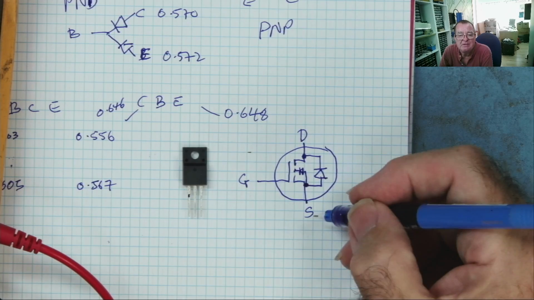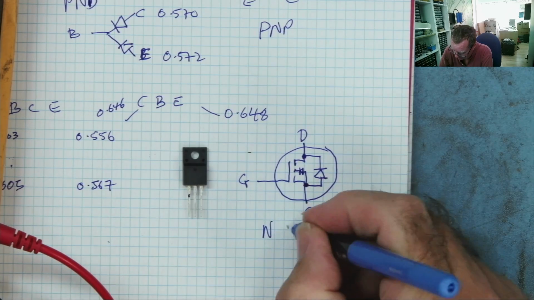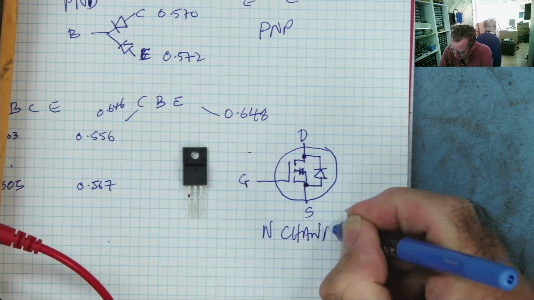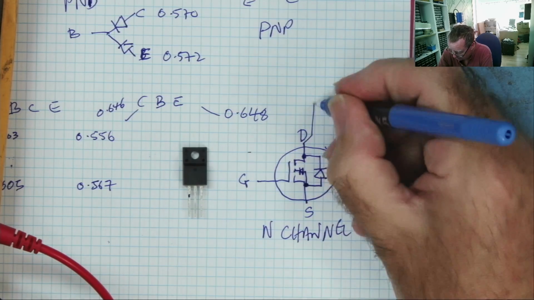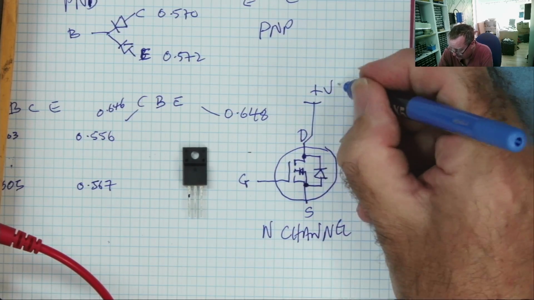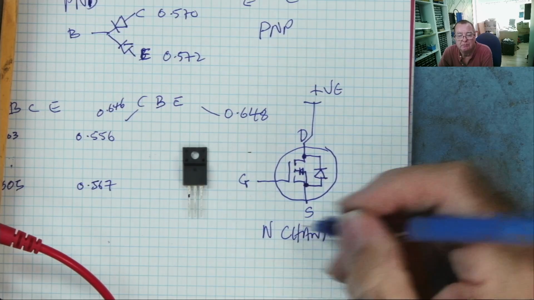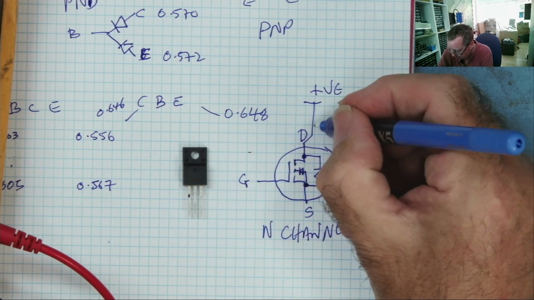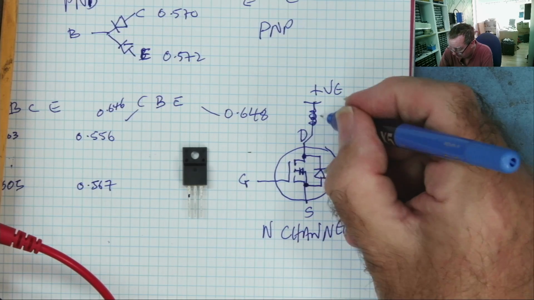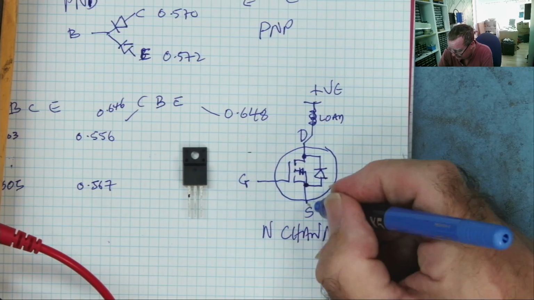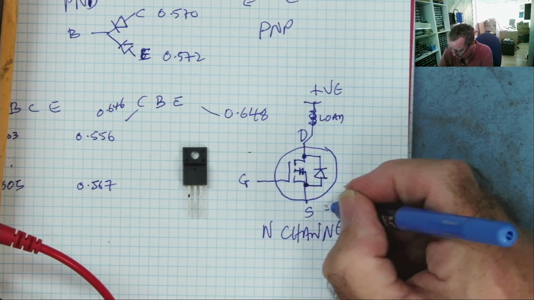Now, with an N channel MOSFET, this end, the drain, this is what goes to the positive supply, and the source goes to ground or powers a load, or the load is in here. Okay, some sort of load. And this is the source is the negative end, or ground.